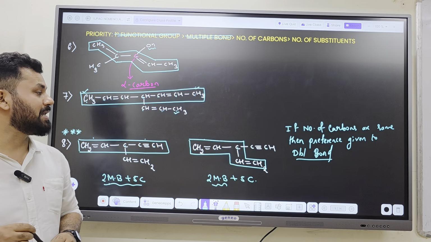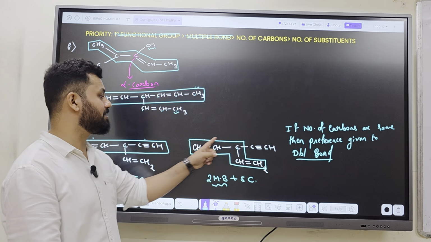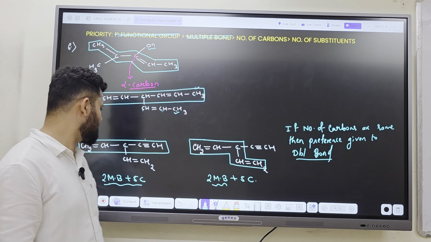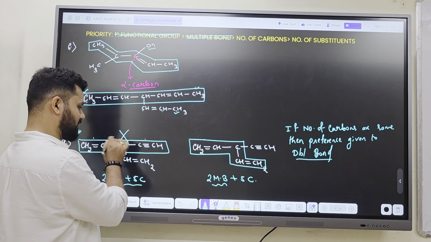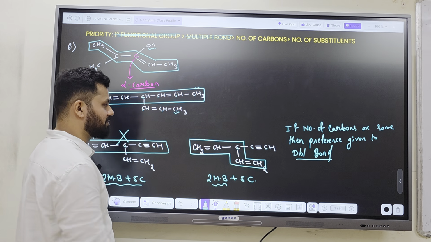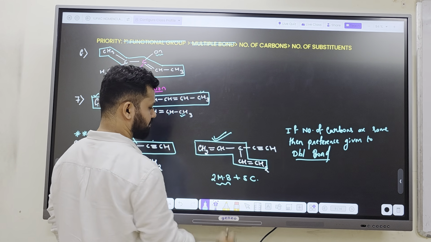I'll say select that carbon chain which gives you more double bonds. This one gives you 2 double bonds, and this one gives you only 1 double bond. That means this way of selecting the PCC is wrong. This is right.